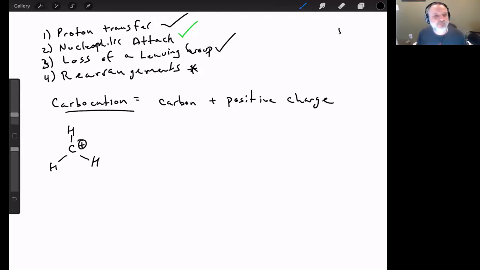And that bond can't be replaced with a lone pair of electrons. If it was replaced with a lone pair of electrons, it would be a negative charge and it would be a carbanion. So here we are with a carbocation. This is a methyl carbocation. You could have a carbocation that is attached to another carbon.